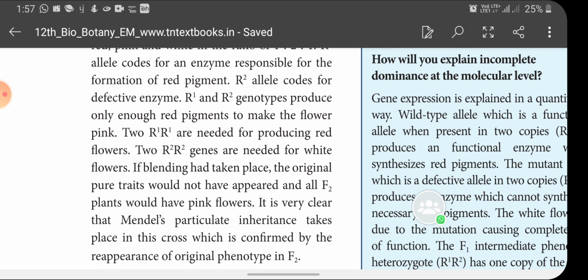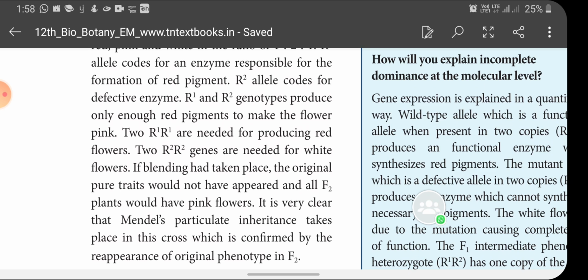If the genes R1 and R2 were blending, all the F2 plants would be pink, and there would not be any pure breeding plants such as red and white. But we can see the parental traits of red and white and also pink. So it is clear proof that there is no blending of genes between R1 and R2.